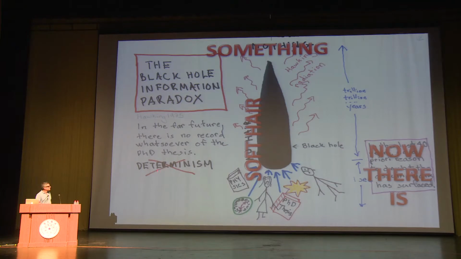So let's talk, for example, about angular momentum. It is always assumed that angular momentum in the process of Hawking radiation is exactly conserved, not just on the average, but exactly conserved.